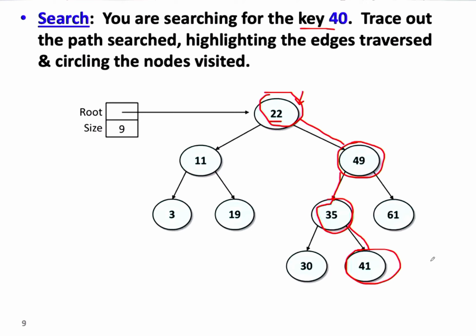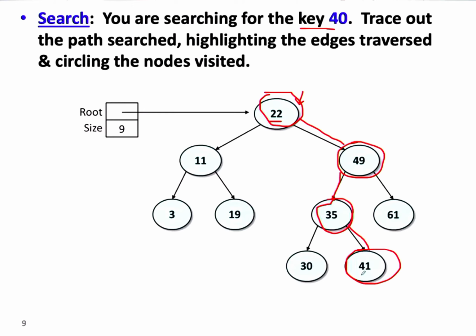In terms of implementation, when we come up here at the leaf node, we compare 40 with 41. It's smaller, so we should ideally go to the left side, right? But is there a left side? No. So the pointer here would be null. That's how you know you've hit a leaf node: there are no left and right pointers.